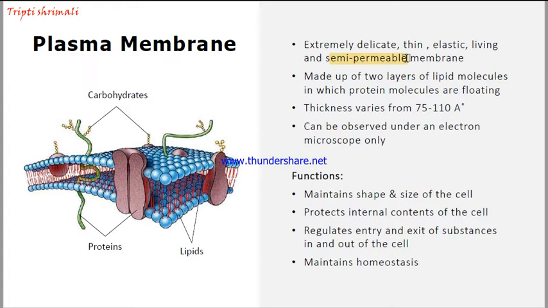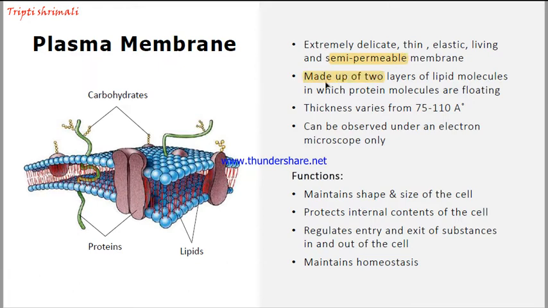The entry and exit of the substances from the cell is monitored by the plasma membrane, which is semi-permeable. The semi-permeability means it allows only some substances to move across the cell, right?